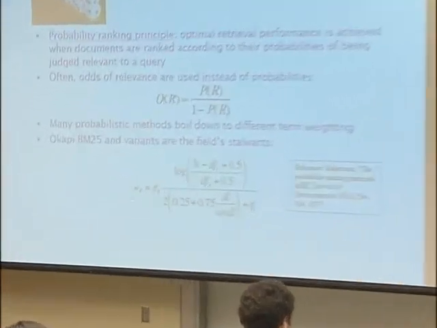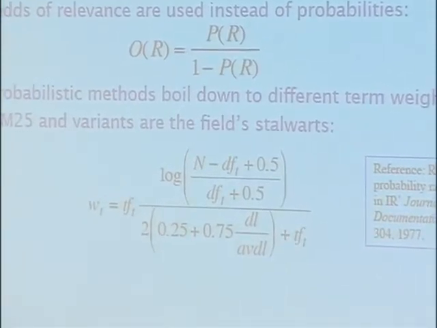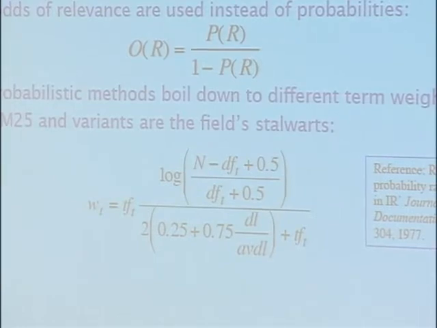And this is not a similarity metric. This is a term weighting, like TF-IDF. But it tends to give much better results than TF-IDF. So it has a term frequency component right here. It has a document frequency component here.